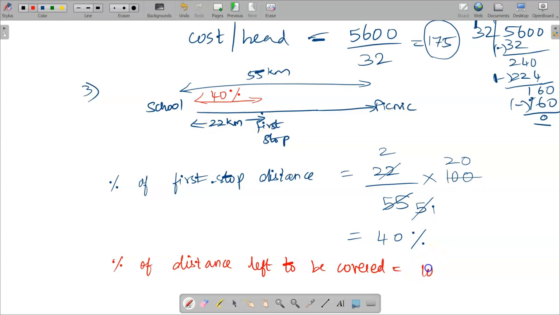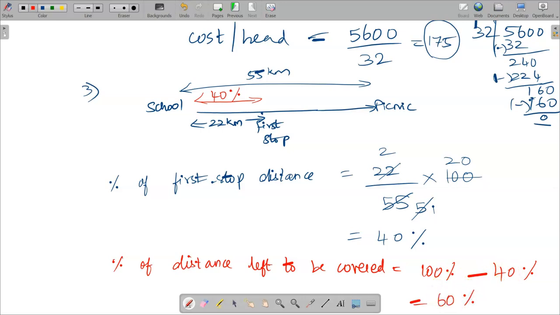If we take it, it is going to be 100 percent of the distance, and in that 40 percent is already covered. So what is left over? That we can obtain by subtracting 40 from 100. So 100 minus 40 is nothing but 60 percent.